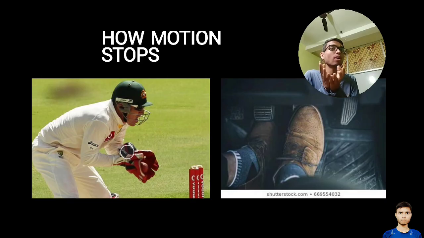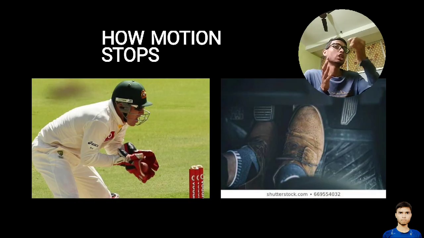Now this person wants to stop the ball which is coming. What will he do? He will apply force by using two hands, and this is the process. Here again, an object which is at rest, to bring that object into motion, we will apply force.